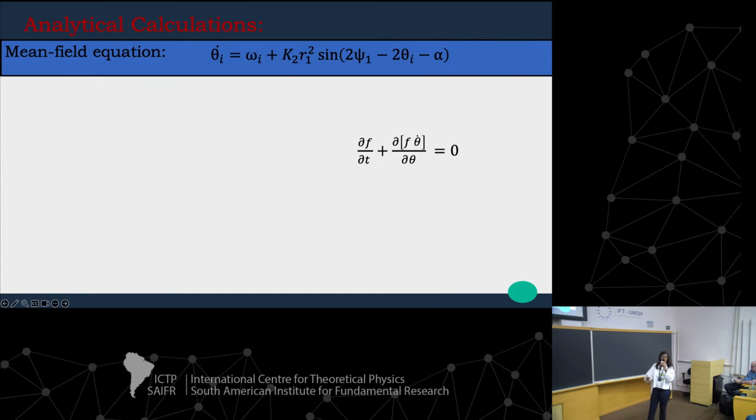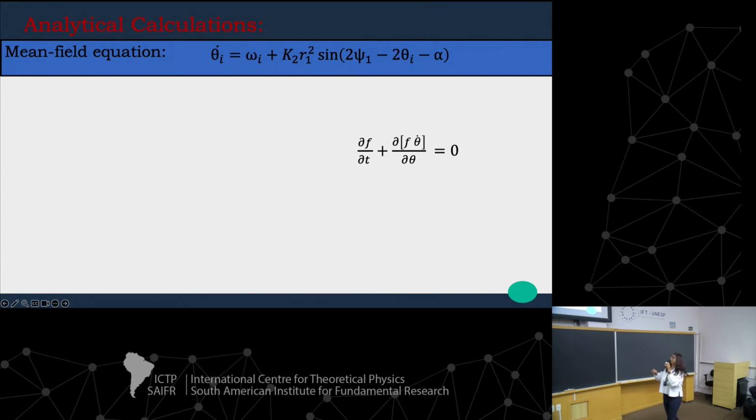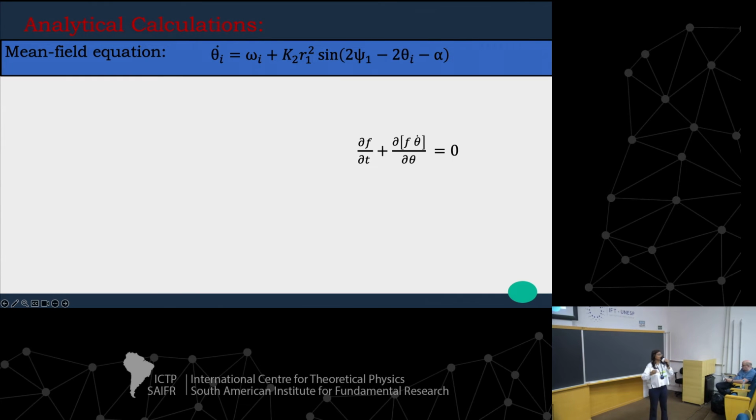Let me now show you how Ott and Antonsen did it. We have just simply used the entire analysis which Ott and Antonsen did in 2008. So you start with this mean field equation, and then you write down a density operator. Here this density is F, and since the number of oscillators remains the same for the entire time, oscillators are moving, but this is a conservative system, so you can use the continuity equation: the derivative of the density with time plus del by del theta of F theta dot is equal to 0.